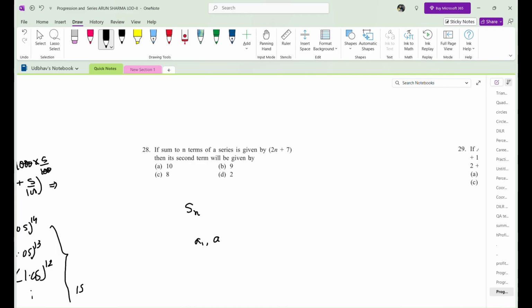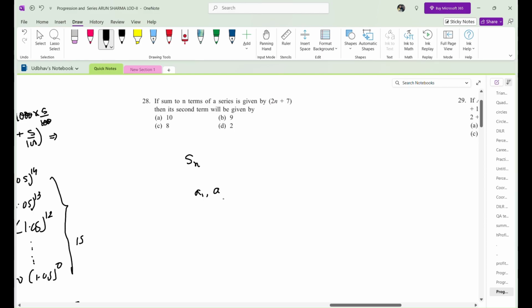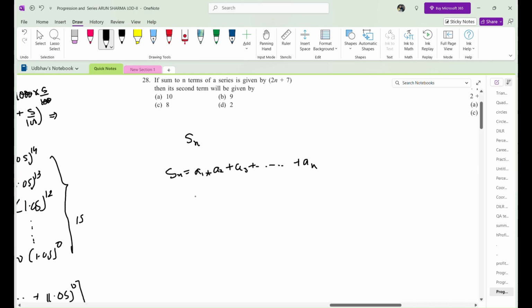We are not told that this is an AP or a GP. We are just told that this is a series and the sum of n terms of the series is 2n plus 7, and those n terms can be any terms. We take Sn, then Sn is what? a1 plus a2 plus a3 up till an, right? Sn is this.